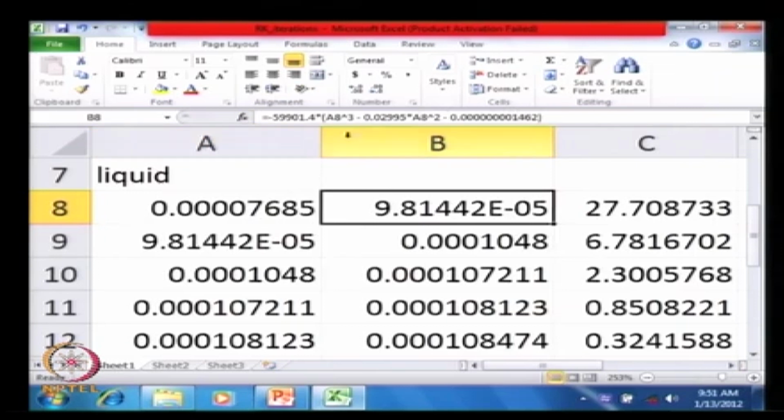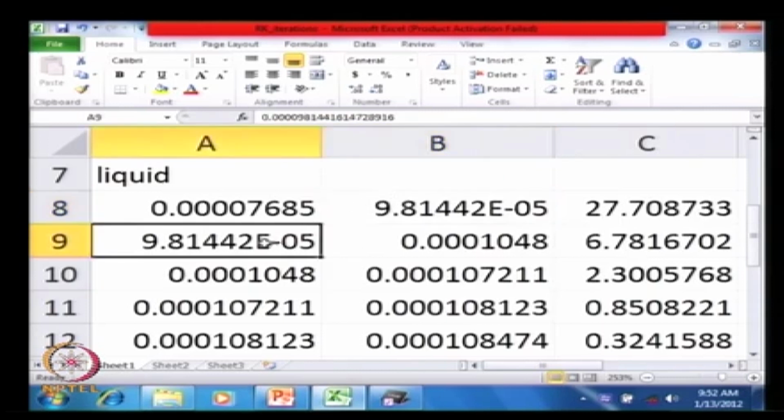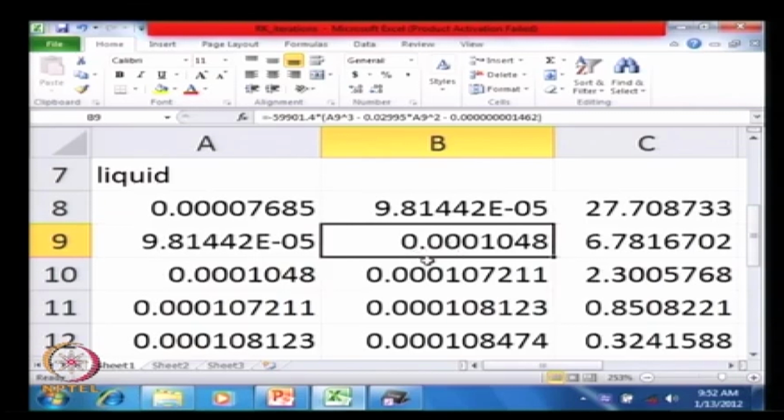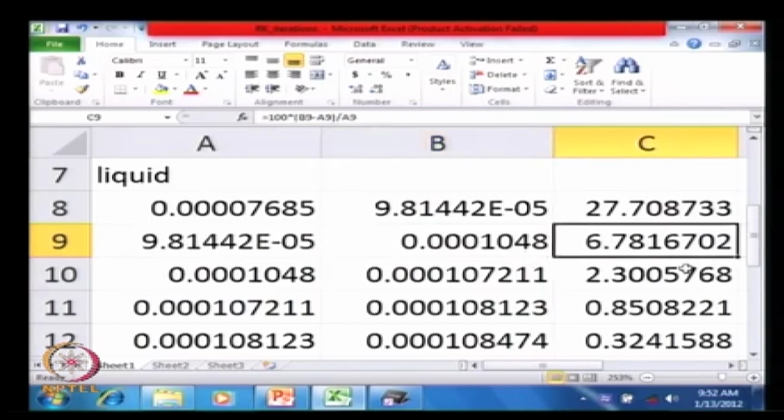This was the equation that we saw for the liquid volume iterations, 59901.4 minus 59901.4 into the one inside the brackets. Now we take the calculated value as the second guessed value. The calculated value happens to be 0.0001 and so on. The percentage error is 6.78, still clearly unacceptable.